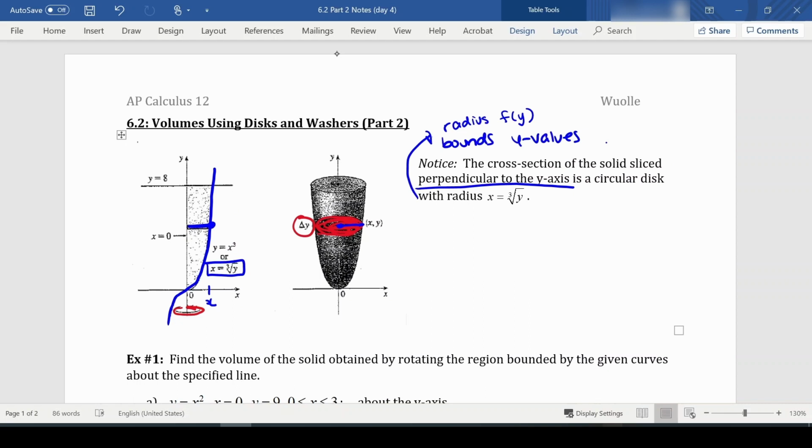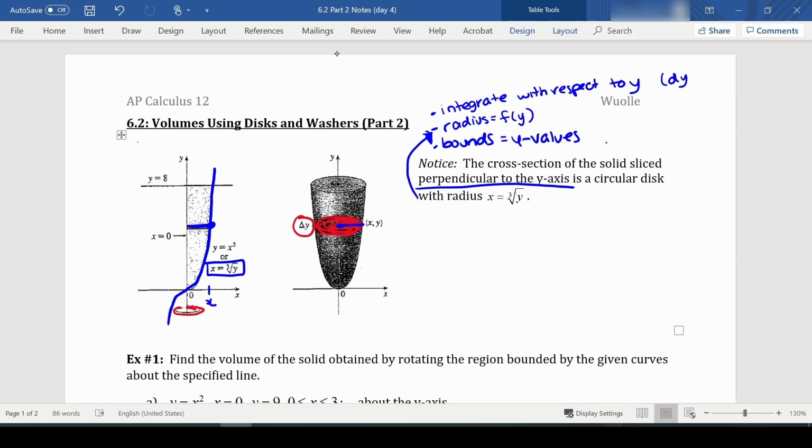So we should have bounds that are y values. Our radius is f of y, and we need to integrate with respect to y. So we should have a dy. And that's because our thickness now of each section or each slab is delta y.